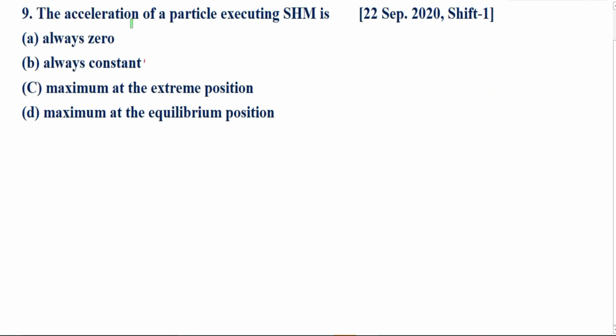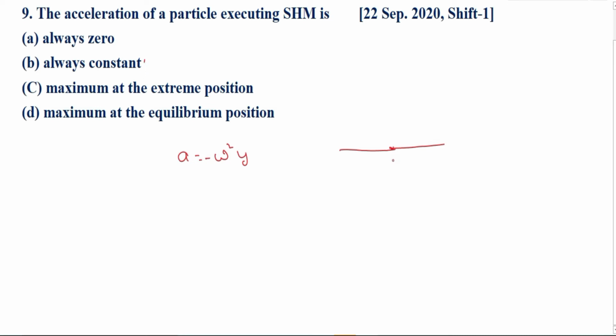Our next question is, the acceleration of a particle executing simple harmonic motion is. So now we have to discuss the acceleration of a particle. We know that the formula for acceleration is a is equal to minus omega square y, where y is the displacement. Assume this is a particle undergoing simple harmonic motion, that is, it is moving to and fro along this path.